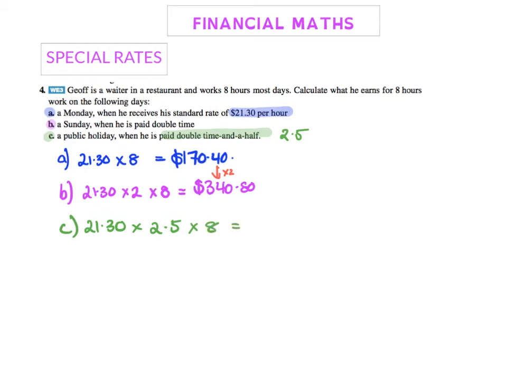So we do that on the calculator. Okay, so he ends up with $426 for that day on the public holiday. Most of the questions in this first chapter are very, very common sense. Just what you think you would do is how you do it.